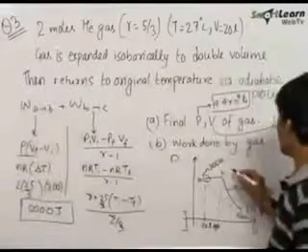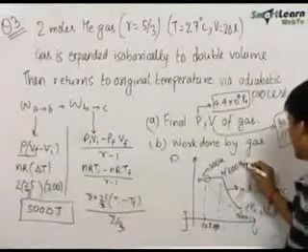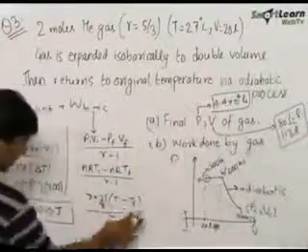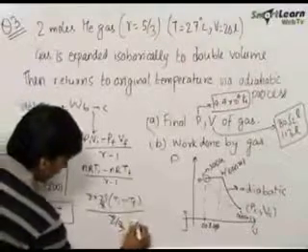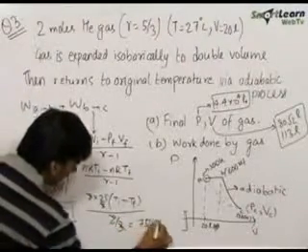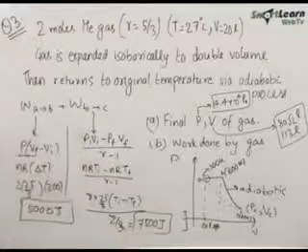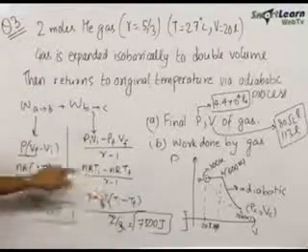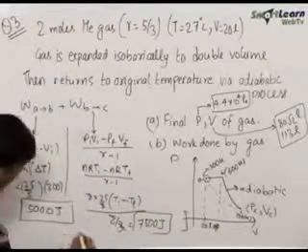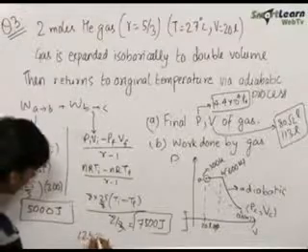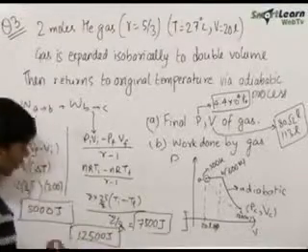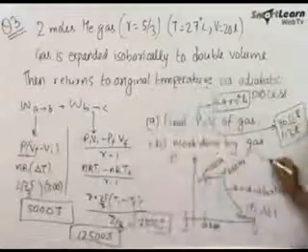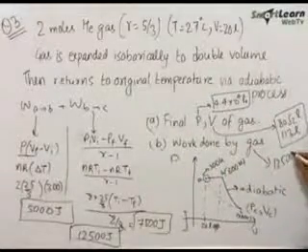T initial is TB, this was 600 Kelvin as we had already found out. 600 minus 300 is 300, therefore this becomes equal to 7500 joules. So the total work done by the gas from A to C is equal to this plus this, that comes out to be equal to 12500 joules. So final answer for the work done by the gas comes out to be equal to 12500 joules.